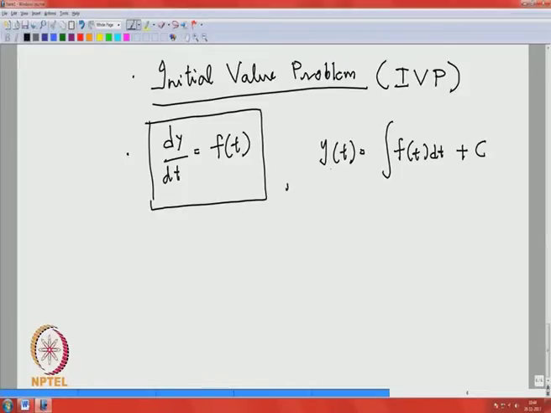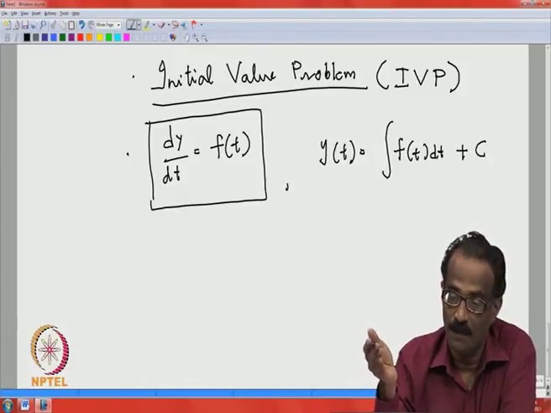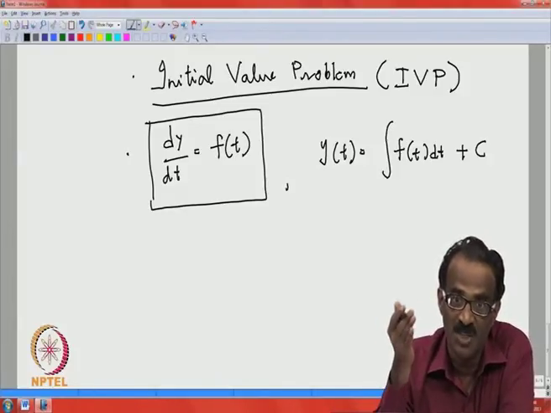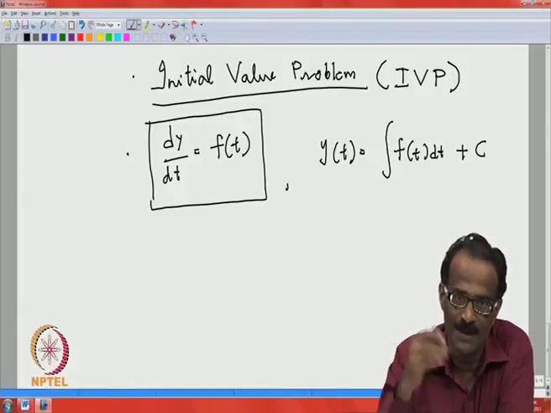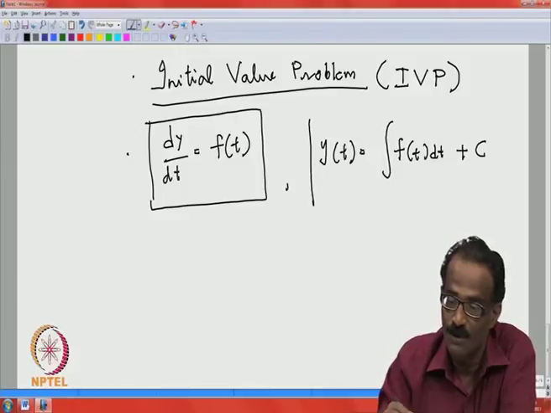But what the fundamental theorem essentially tells you, if you look at it carefully, is that these are all the solutions.